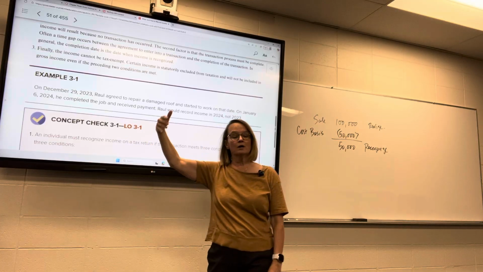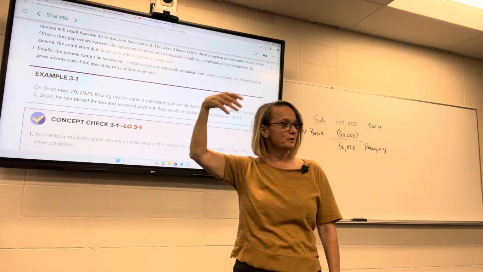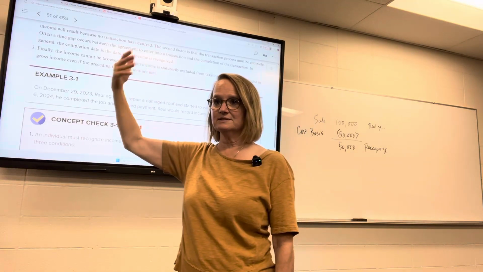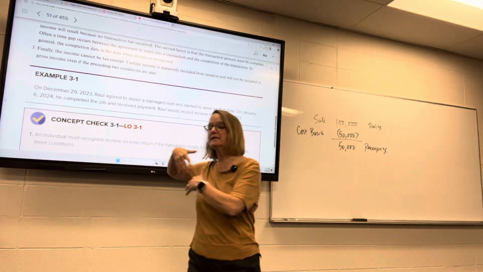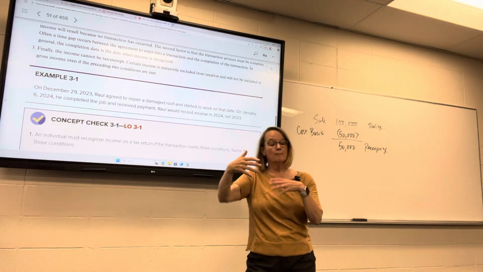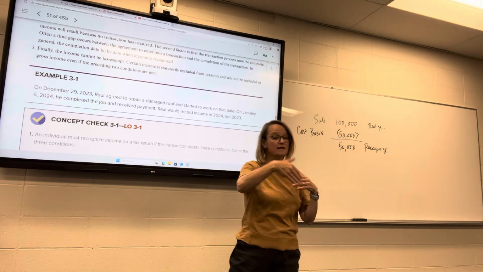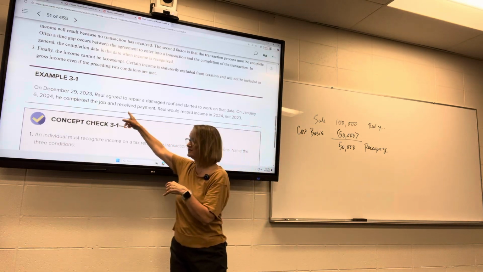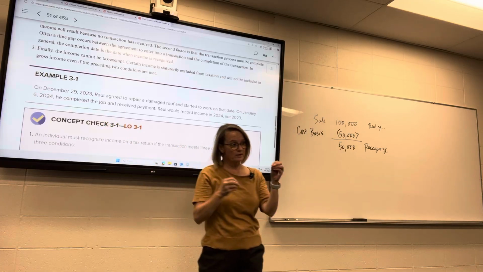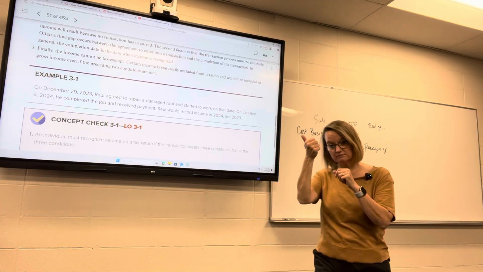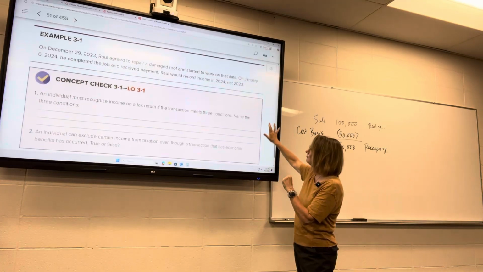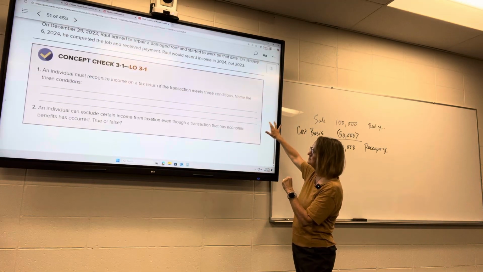Now, for financial accounting purposes, we would say that that's a prepayment, still an asset, but it's a liability to us because we owe them the work. But for income tax purposes, we recognize that income when we actually receive that payment. So that's one of the differences, and we use the cash basis for income tax purposes.